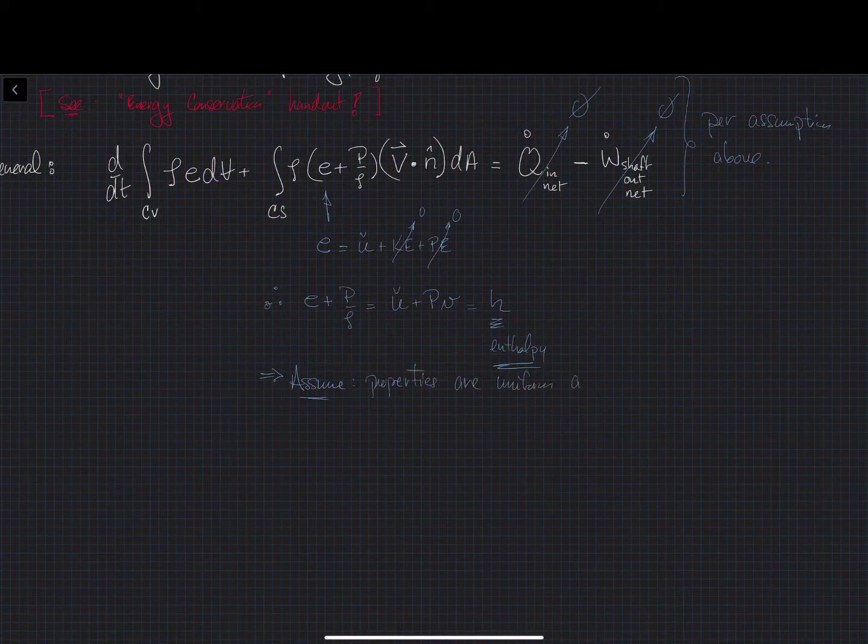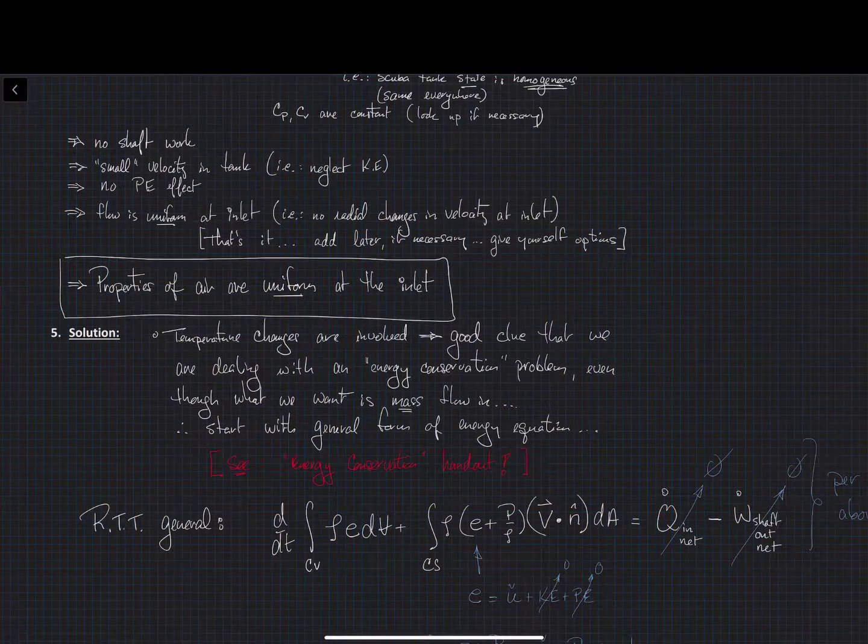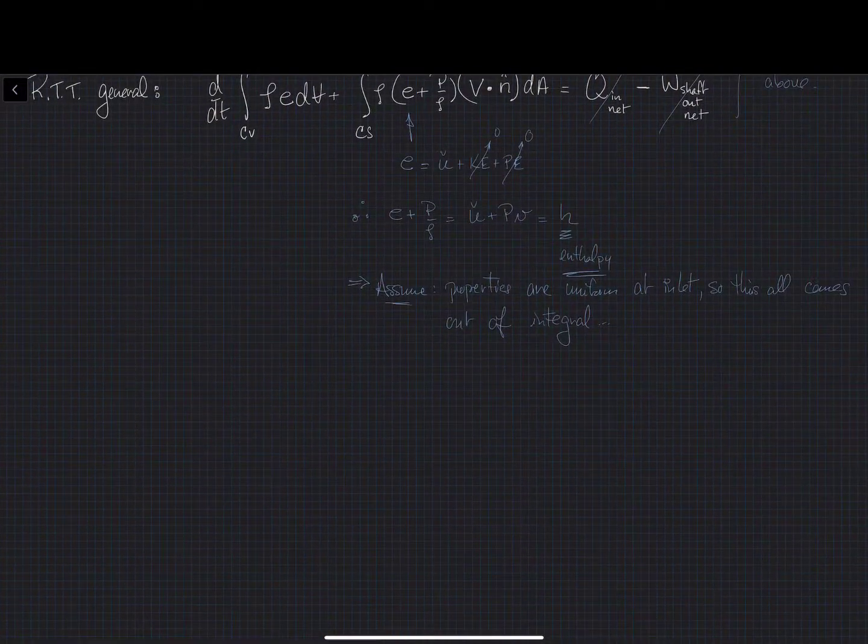So, my assumption is that the properties are all uniform at the inlet, which means that I can also pull them out of that integral, making my life quite a bit simpler. So, I'm going to start off with the convective term first.